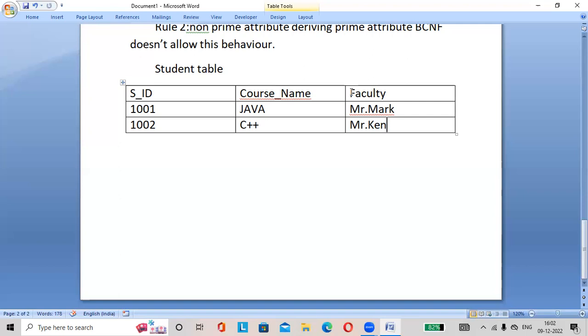Yes, ma'am. Faculty is your primary attribute or non-primary attribute? Non-primary. Faculty ID is primary. Faculty can lead us to course name. If I know the faculty name, can I find the course name? Yes, it is possible.